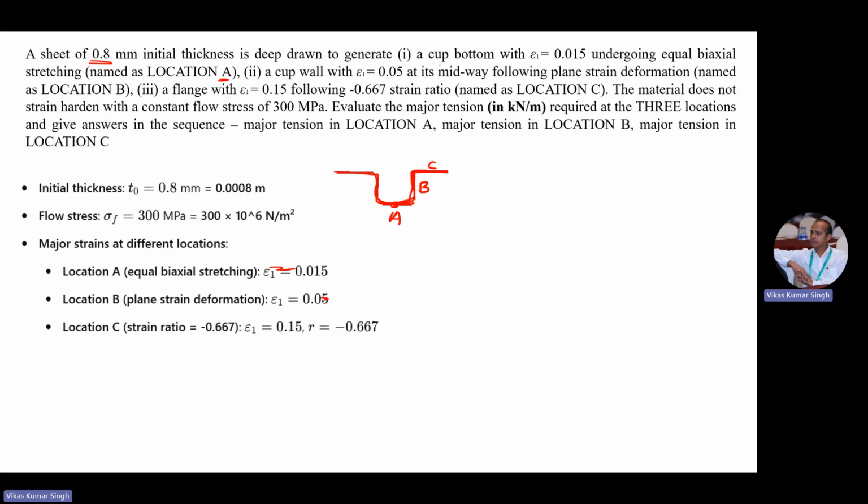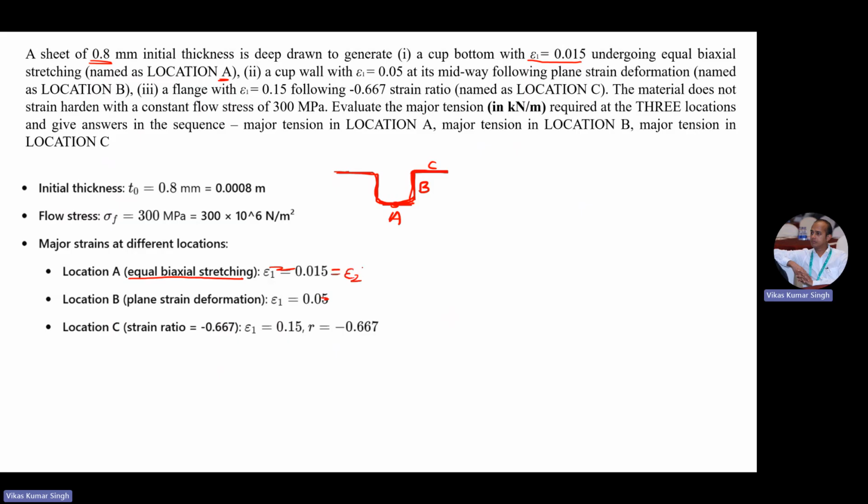So the cup bottom, location A, a strain is given epsilon equal to 0.015, undergoing a biaxial stretching. Again, biaxial means, see, at location A, equal biaxial stretching means epsilon 1 will be equal to epsilon 2.